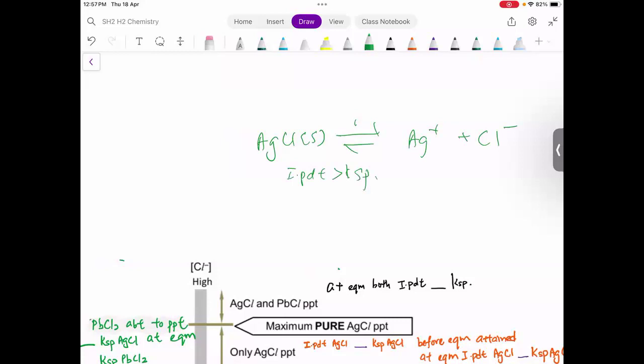When precipitation takes place, it will start pushing out silver chloride, then the ion concentrations will decrease. It will not decrease enough for the ionic product to become lower than Ksp, because it has already exceeded the saturation point. As it pushes the solid out, it will reach a new position of equilibrium when this product is just right at the saturation point.